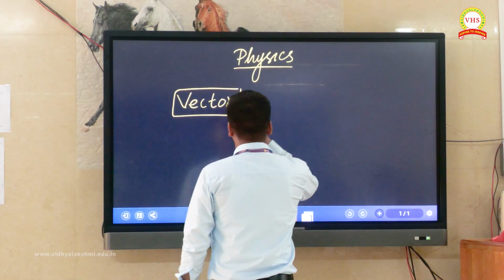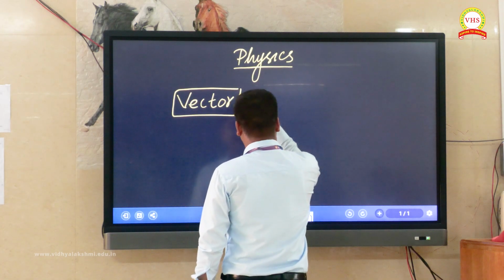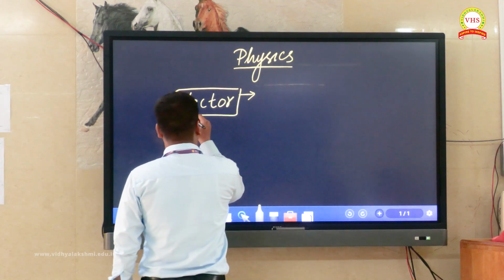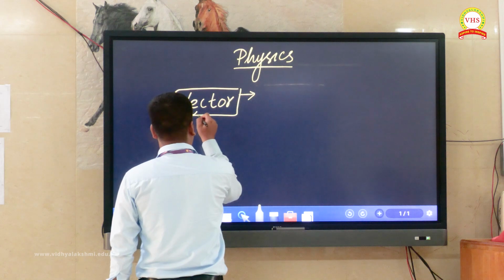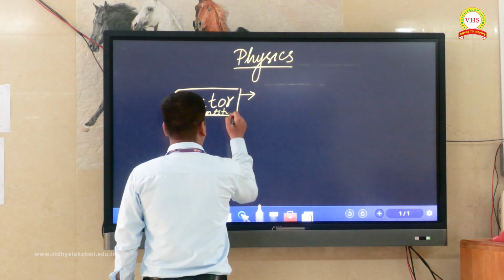Now vector, or vector quantity basically. A physical quantity is said to be a vector or vector quantity. Suppose vector quantity, then what will I define here?